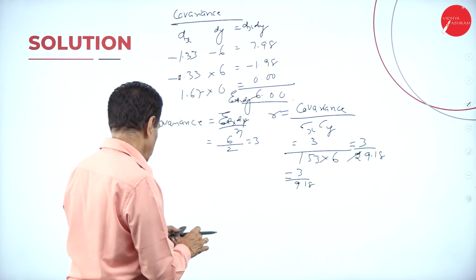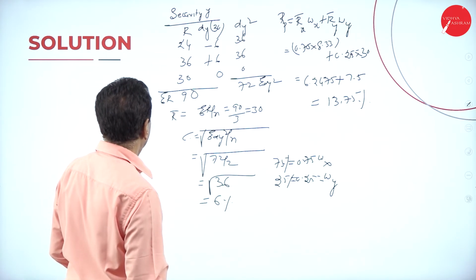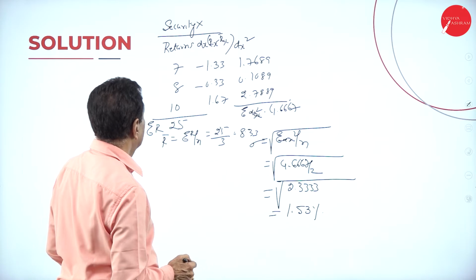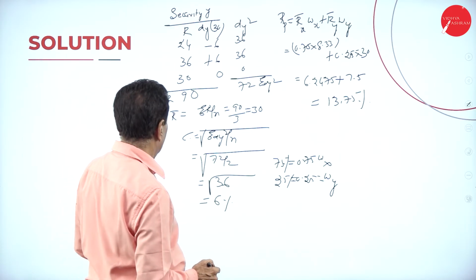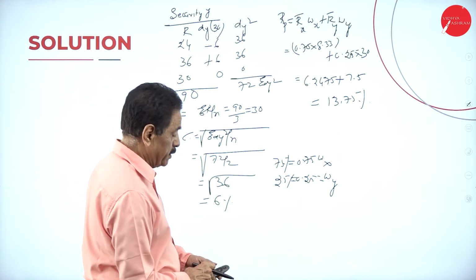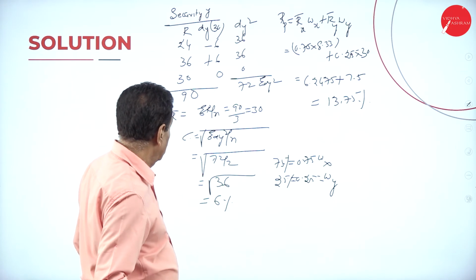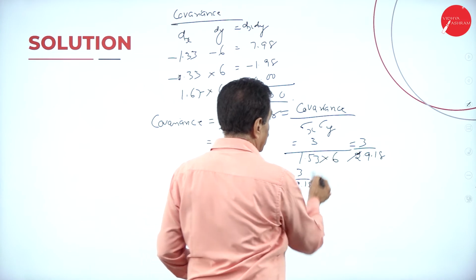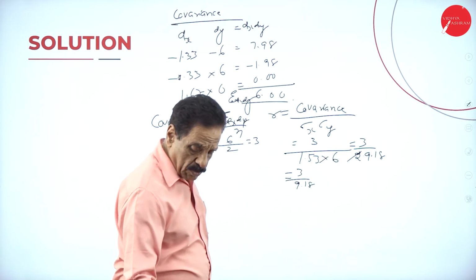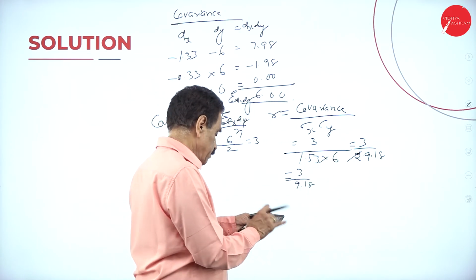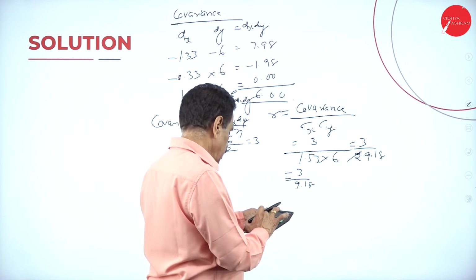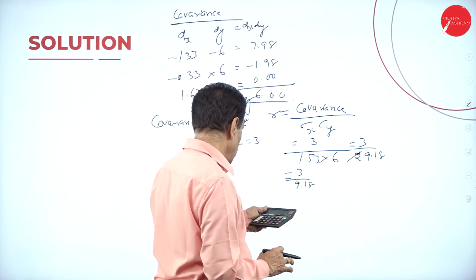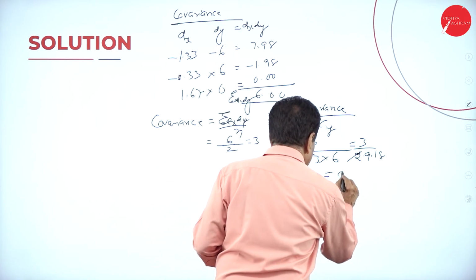See the board. Standard deviation of x is 1.53. Standard deviation of y, 6%. So 1.53 into 6 is 9.18. So 3 divided by 9.18 is 0.33.